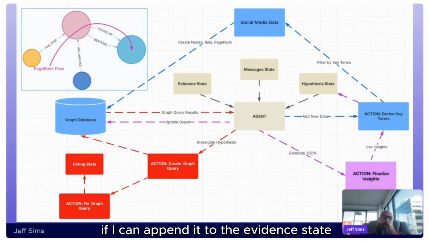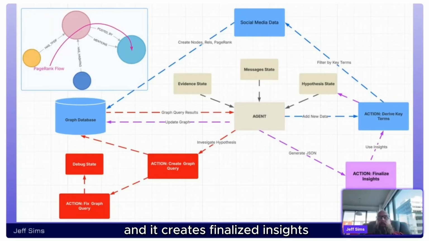If I can, append it to the evidence state. Does this particularly change the hypothesis? Yes, no. Anyways, it continues in the cycle until the agent's like, okay, I've seen enough. It sends the finalized signal, and it creates finalized insights based on the evidence and hypothesis.